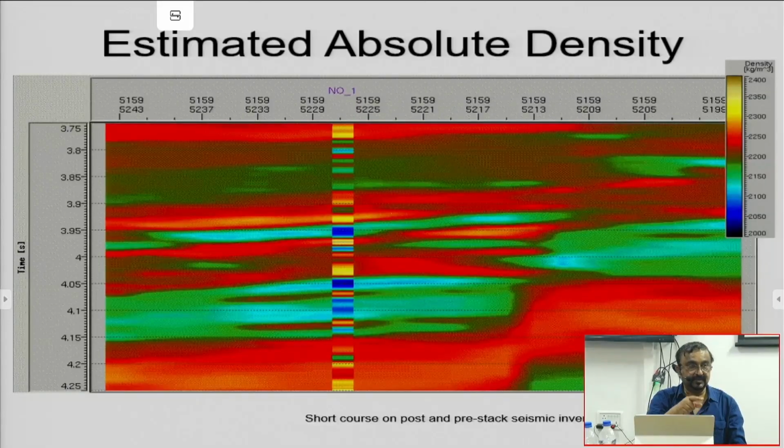But in the pre-stack case, for each CMP, you put all the angle stacks together for that CMP, and then you estimate all 3 parameters at that CMP. Then you go to the next CMP. It's not inverting one angle stack at a time. That is why it's called simultaneous inversion: simultaneously, it is solving for P impedance, S impedance, and density.